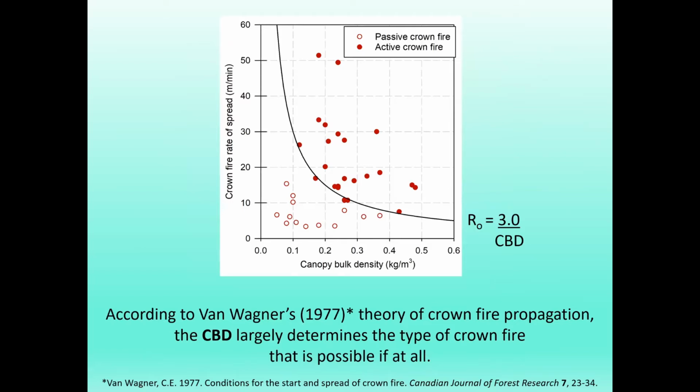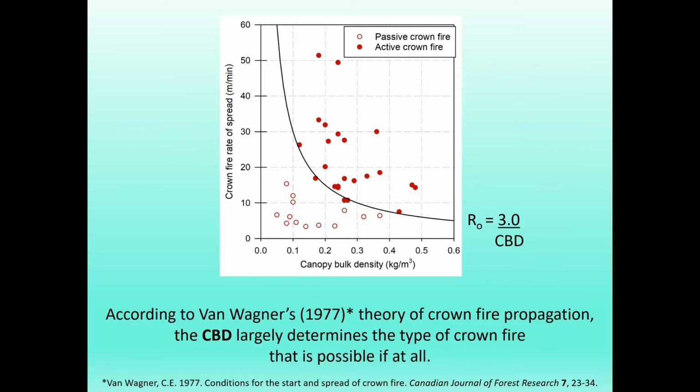According to Van Wagner's theory of crown fire propagation, the canopy bulk density largely determines the type of crown fire that is possible, if at all. The lower the canopy bulk density, the higher the rate of spread needed for fully developed crowning to occur.